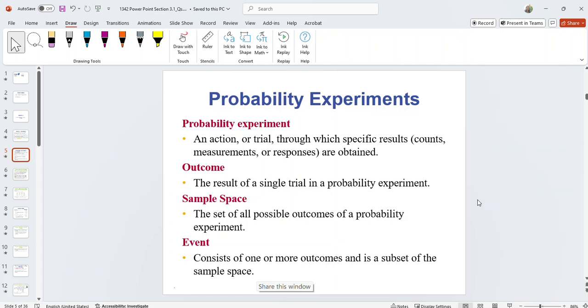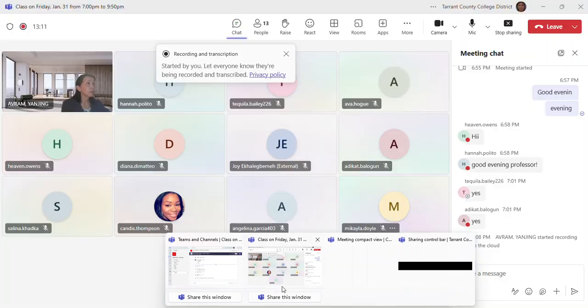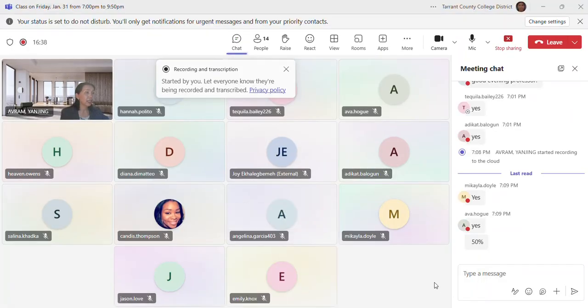And like I said, if I ask you, if you toss a penny, what is the chance you're gonna get a head? Anyone? All right, can you write down in the chat? If you toss a penny, what is the chance you're gonna get a head or a tail?